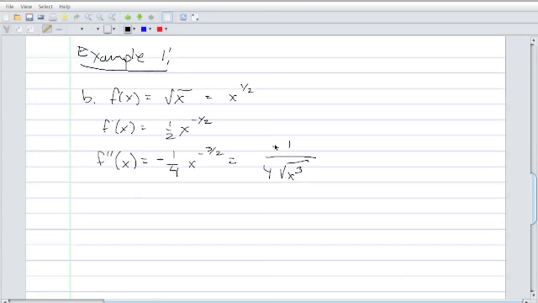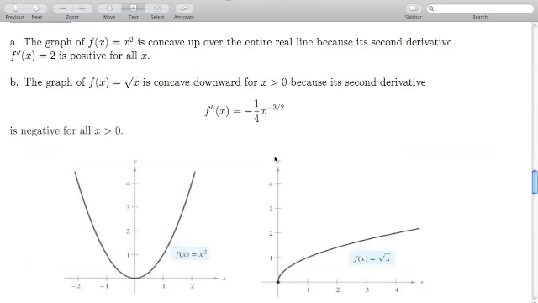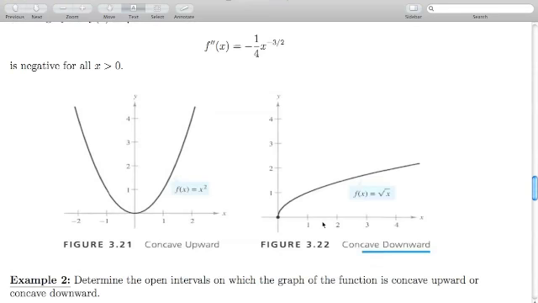So for your domain, which is positive x, this function is going to remain negative. So that tells you the graph is going to be concave down because the second derivative is negative for all of your positive x. So that's why it's concave down.